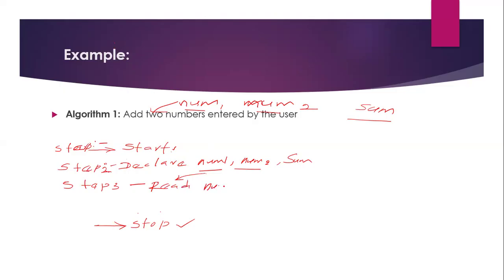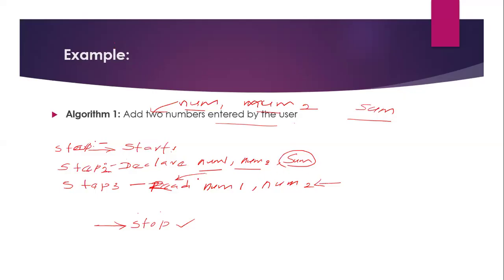Because this is the input entered by the user, I have to read it first. After that only can I add these two numbers.